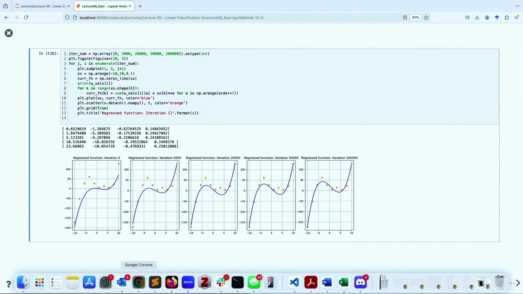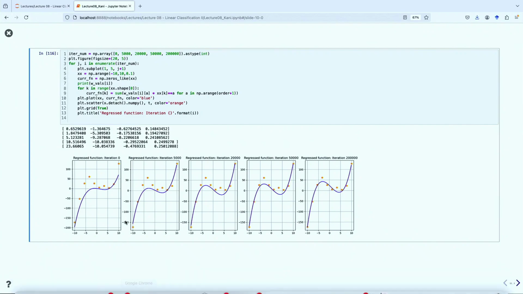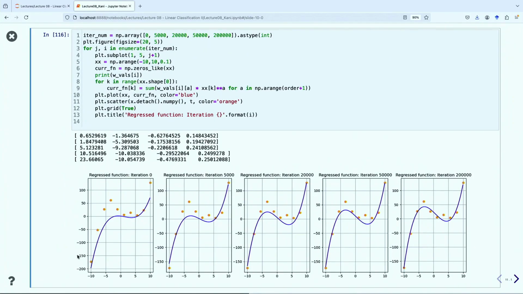What I always find interesting is just viewing how the function changes over time. So again, we could view how the function changes over, I think I put it for 200,000 iterations. Again, the more complex the model, the harder it is to get it to converge well. But that's what we learned last time with our discussion of primal optimization.